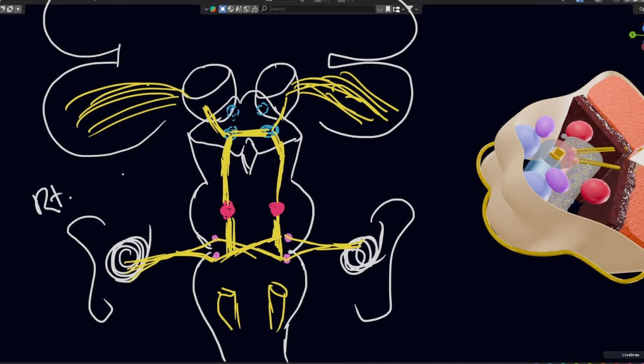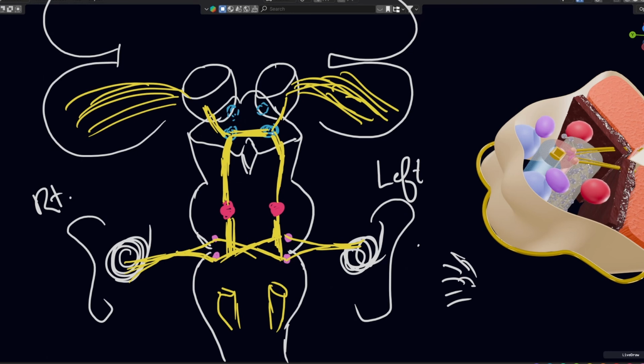this is the right ear and this is the left ear, right? So let's suppose a person is on the left side, and this person is speaking. Naturally, a louder sound will be heard on the left side and a less loud sound will be heard on the right side.